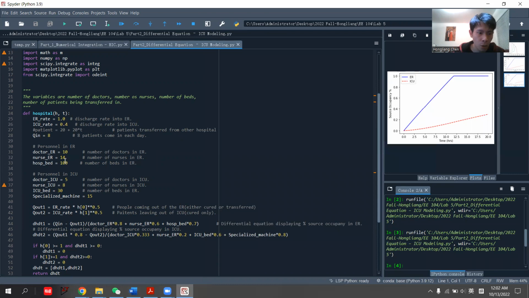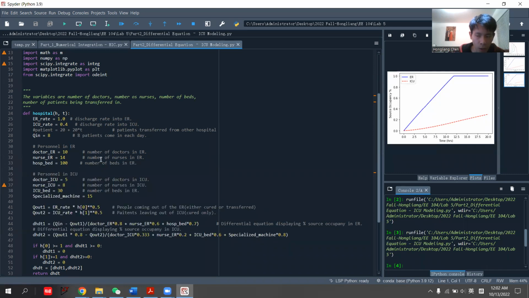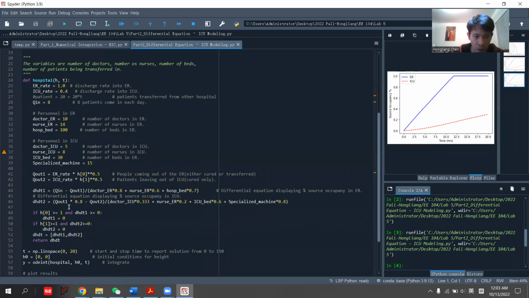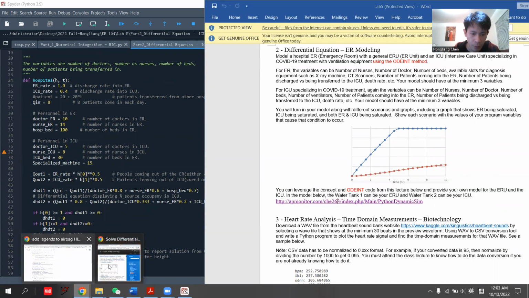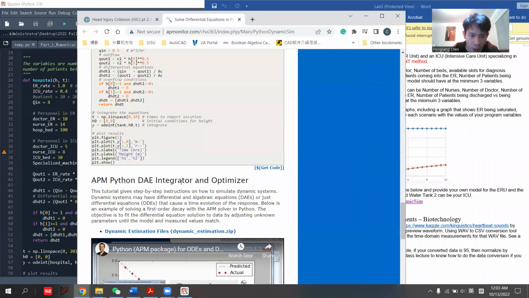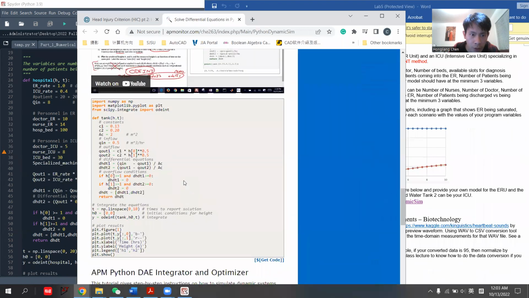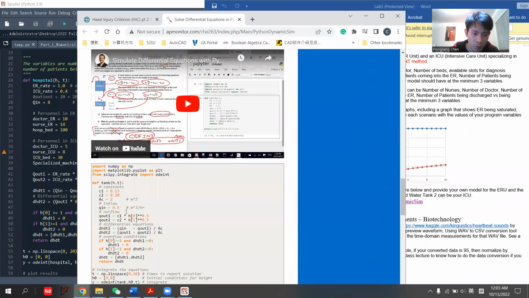In my case, the number of doctors, number of nurses, and number of hospital beds are the three variables for the ER modeling. And the code is basically familiar with the website given here. I have used a function to plot it out.